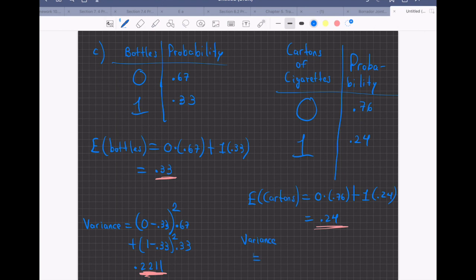The variance is going to be equal to 0 minus 0.76 squared times the probability 0.76, plus 1 minus 0.24 squared times 0.24. I'm sorry, I made a mistake here.